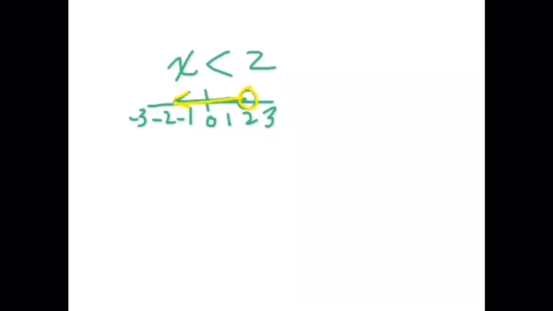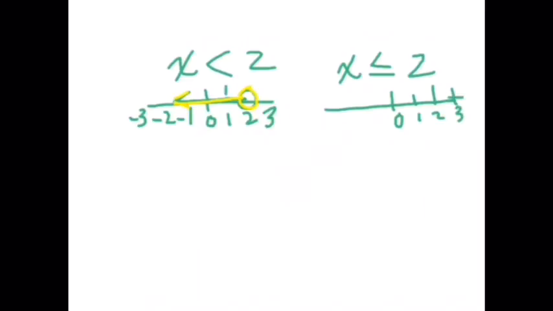If our solution was x is less than or equal to 2, it would be almost the same. We got 0, 1, 2, 3. I realize I didn't put the tick marks in this example, but it doesn't really change anything.